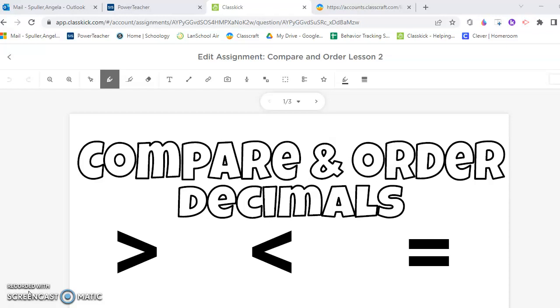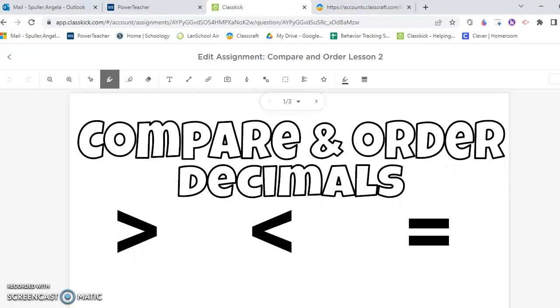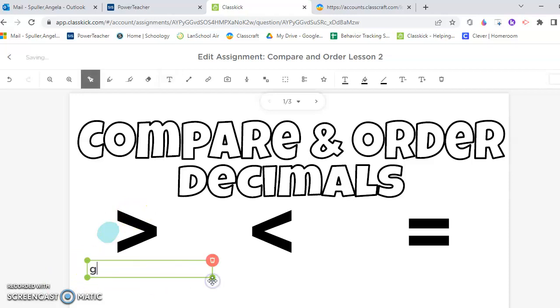All right, on the last lesson, we talked about Hank the alligator. So remember, when Hank the alligator is facing to the left, his mouth is open to the left, we call this greater than.